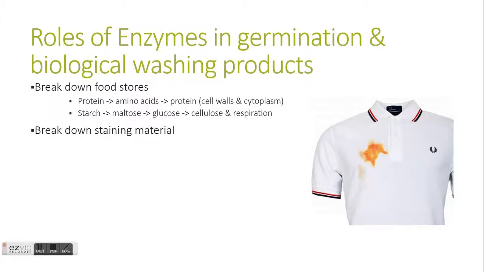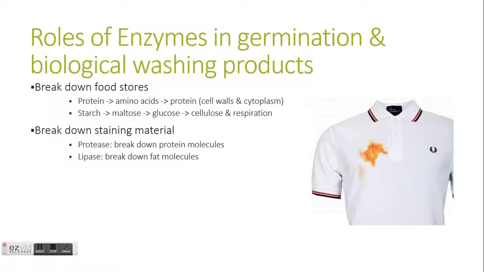In biological washing products, enzymes are used to break down the staining material. For example, proteases break down protein molecules such as hemoglobin that might be found in blood stains. And lipase breaks down fat molecules into fatty acids and glycerol.